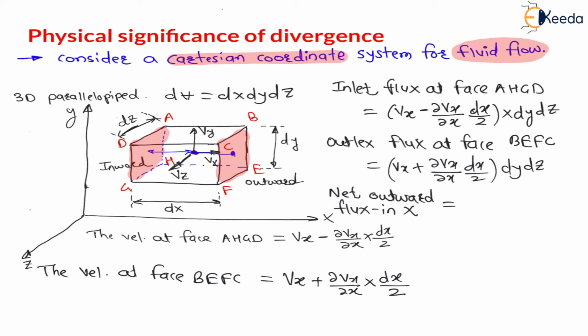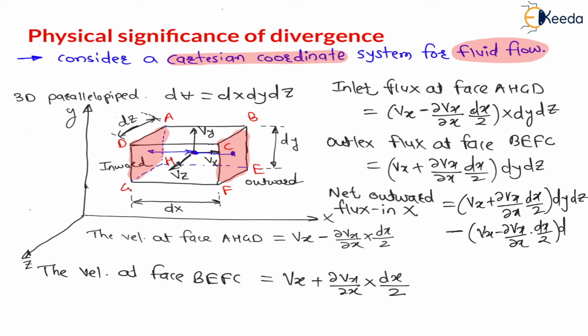Outlet is Vx plus dou Vx by dou x dx by 2 into dy dz minus inlet is Vx minus dou Vx by dou x into dx by 2 into dy dz. Now here can I consider dy dz common? This area can be considered as common. And here Vx minus Vx will get cancelled and it will become 2 times, because minus minus will become plus.